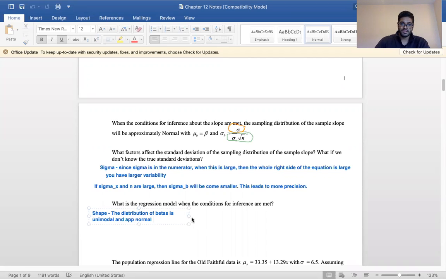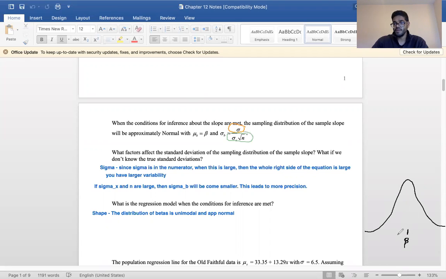And you're like, well, what does this mean? If I draw a little distribution here, what we're saying is that the center of this peak is what your calculator is going to give you. This is your beta.